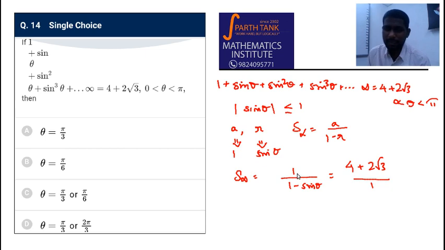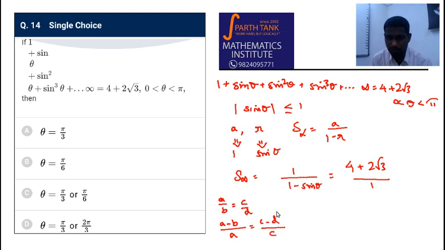I need sine theta in the numerator. So if I subtract the numerator and the denominator, I get sine theta, right? So let this be a by b. If a by b is equal to c by d, it is also possible to write a minus b by a is c minus d by c. Correct?